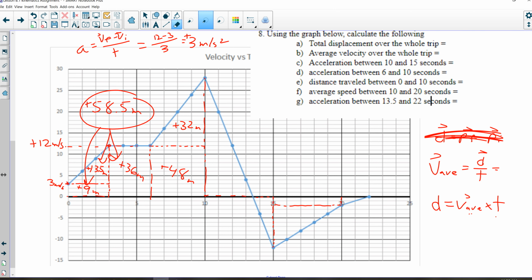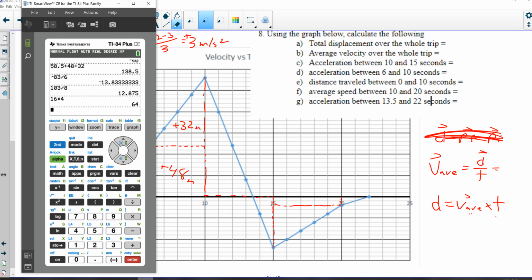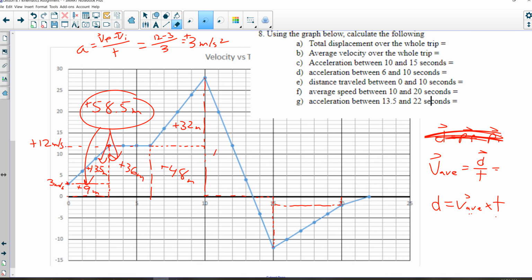Then I've got this triangle here that's 28 high by 3.5 wide. That's the trick with that one. It does cut that time interval directly in half. So 28 by 3.5, divided by 2, is 49. So that triangle there is positive 49 meters.